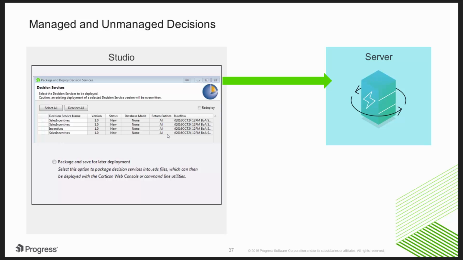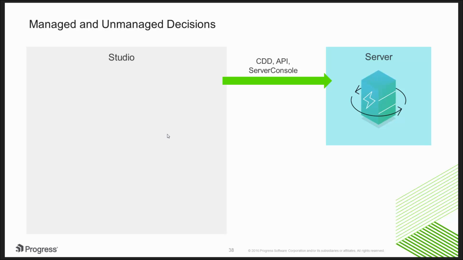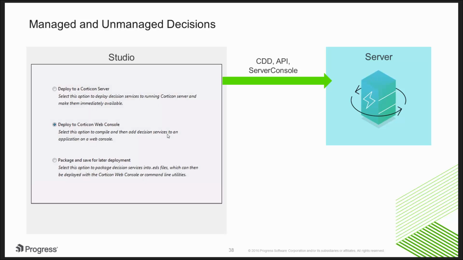There are other ways you can get decisions into the server as well, through the CDD mechanism, through APIs, or through the old server console. The important thing to note is that this is a one-to-one. You're directing your decision service at a specific server. And if you have a need to deploy your decision service to 3 or 4 other servers, you would need to repeat this process.